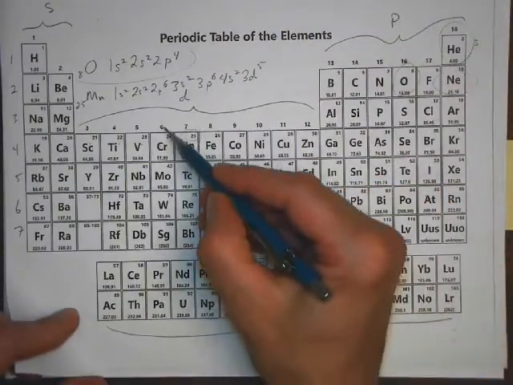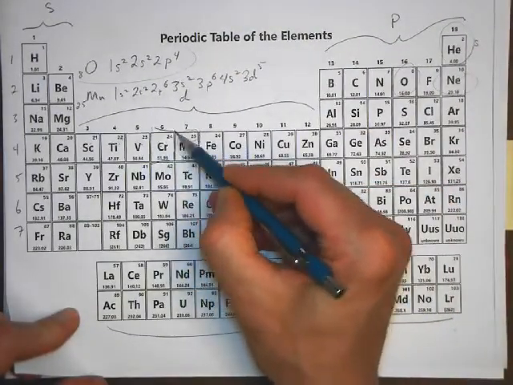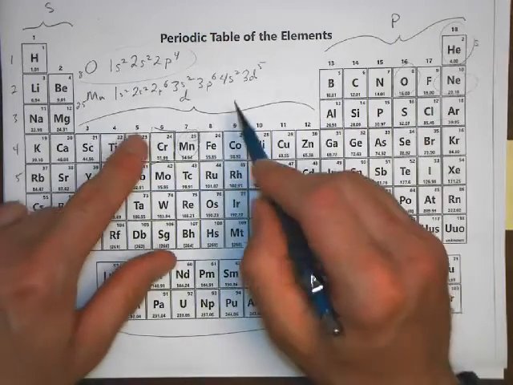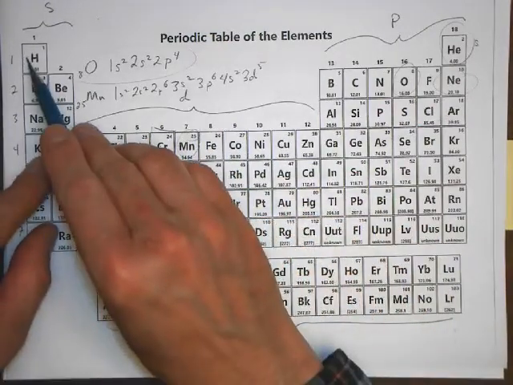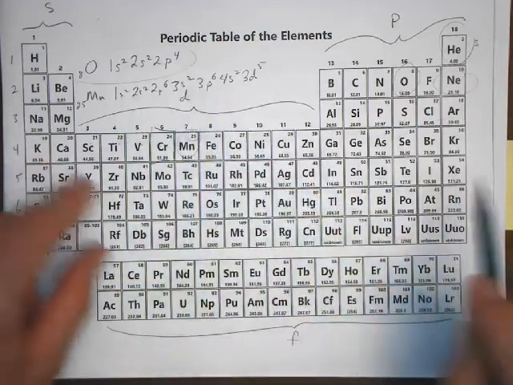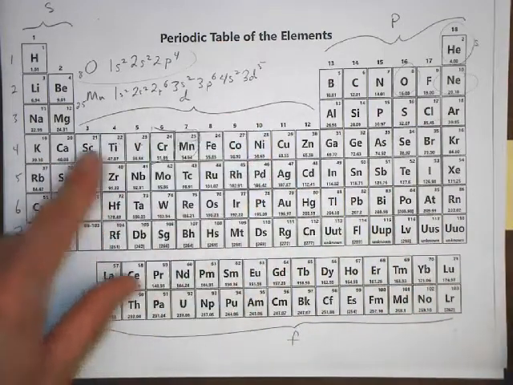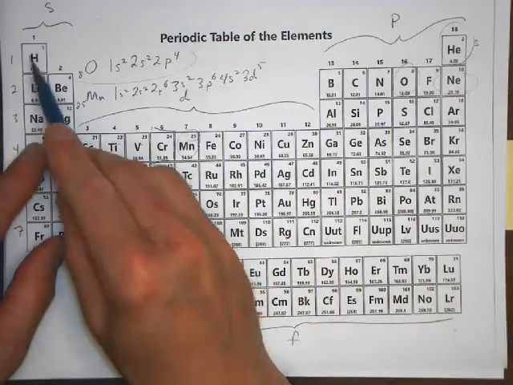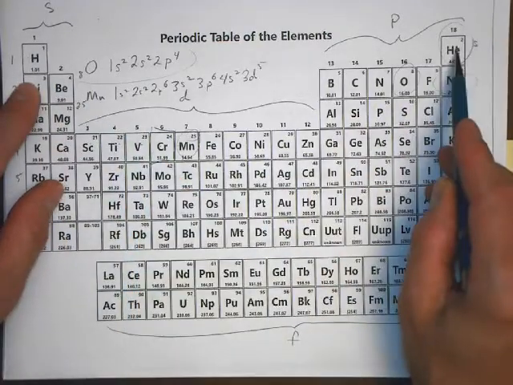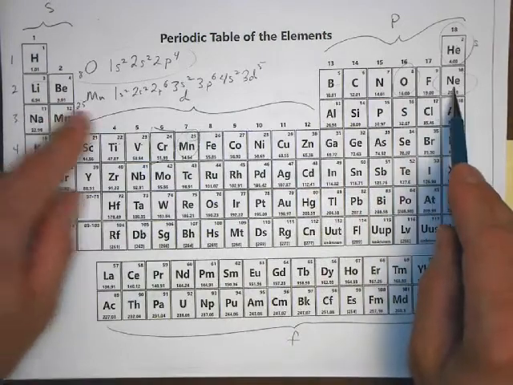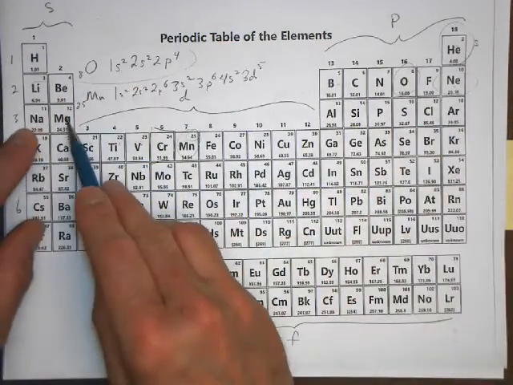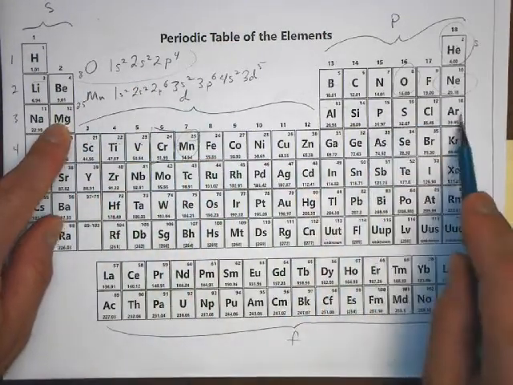Let's look at chromium on the periodic table that we were using. Chromium is right here. If we were going to write its electronic configuration, we'd start at the beginning, 1s2, 2s2, 2p6, 3s2, 3p6.